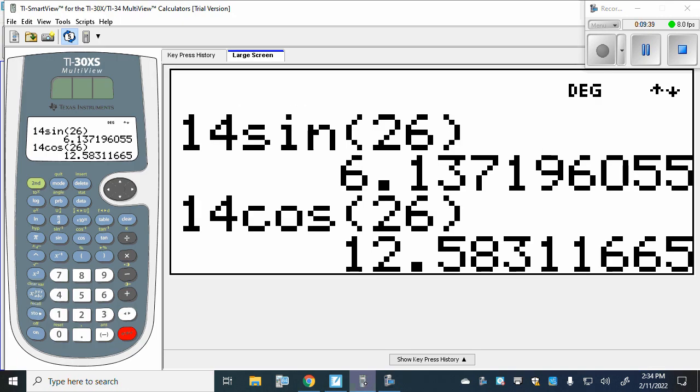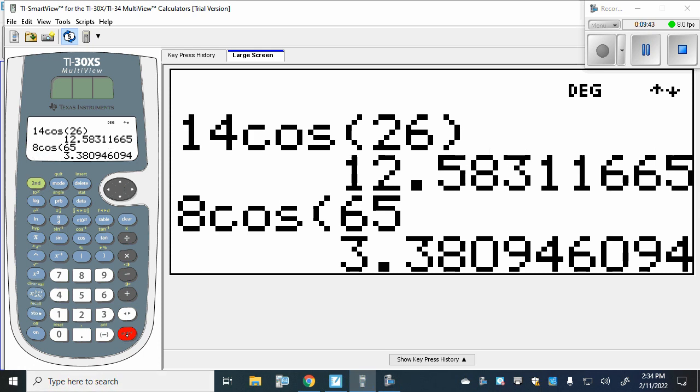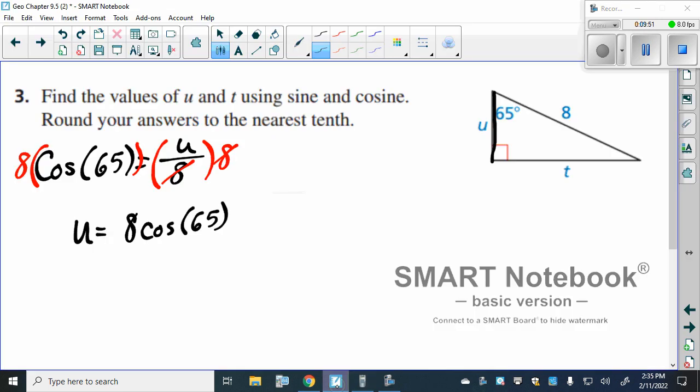And in the calculator, we can do 8 cosine of 65, which tells us that we have 3.38, which is 3.4.